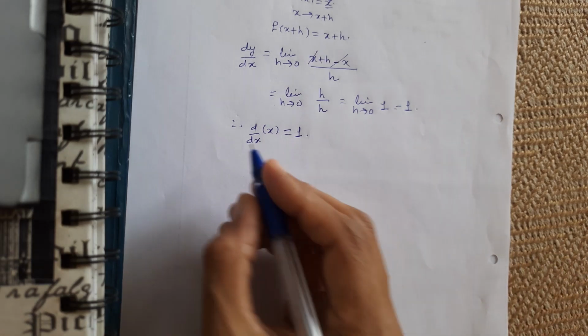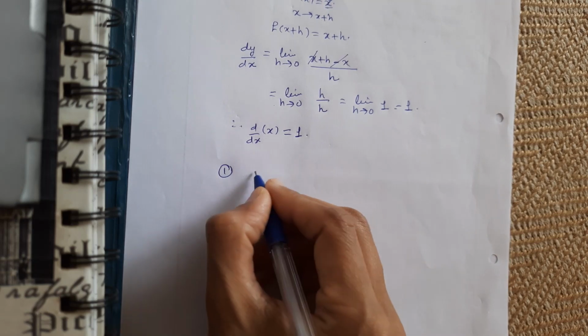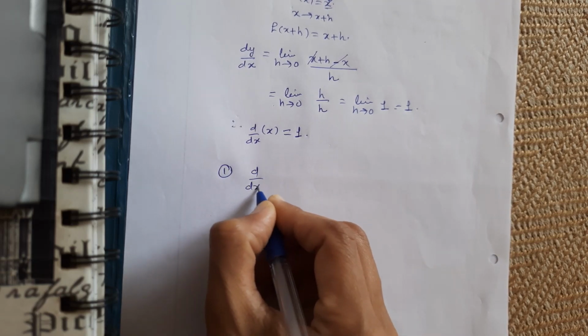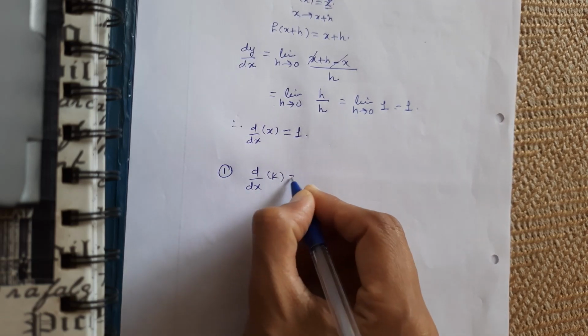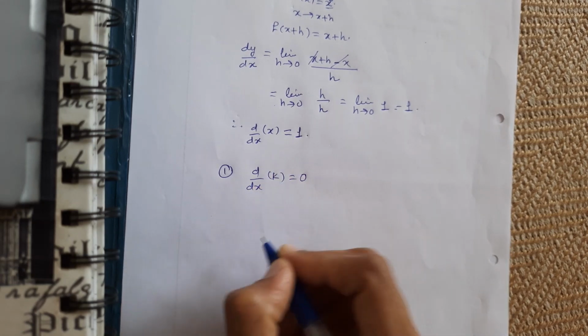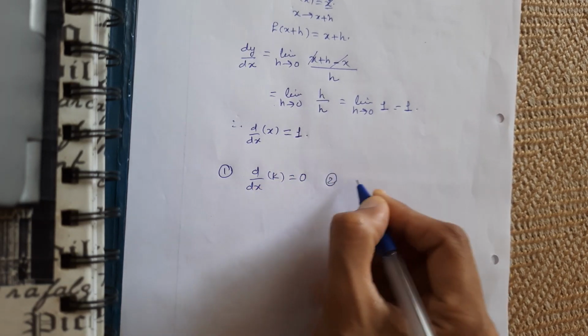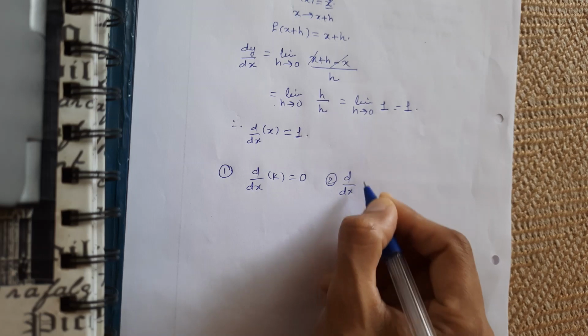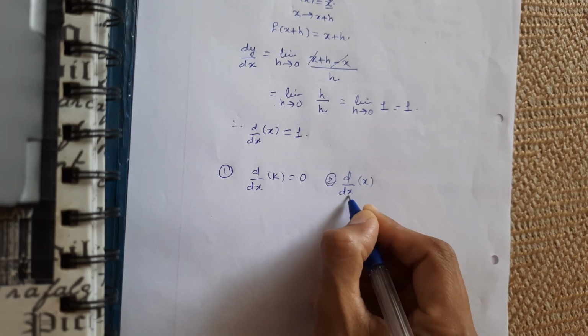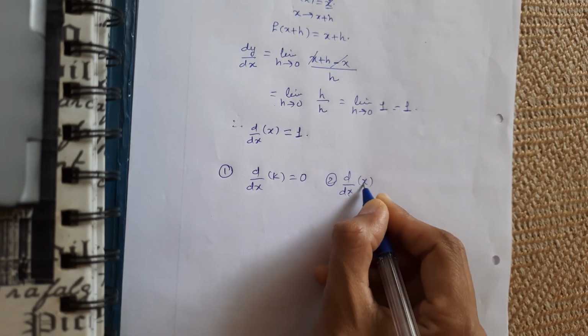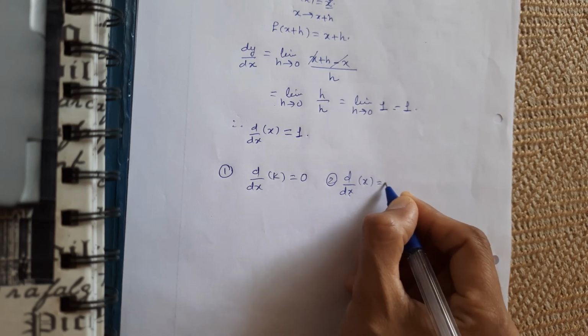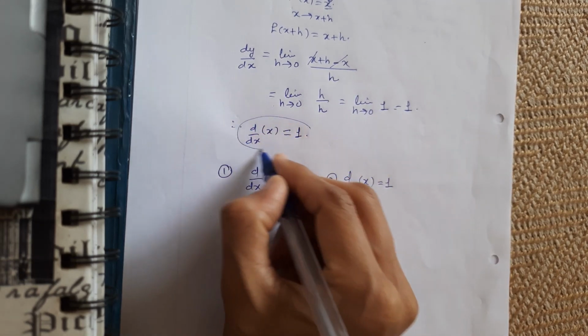For example, we need to remember that derivative of a constant is 0. This is the standard formula. Derivative of x, if I am differentiating with respect to x, equals 1. We just calculated it.